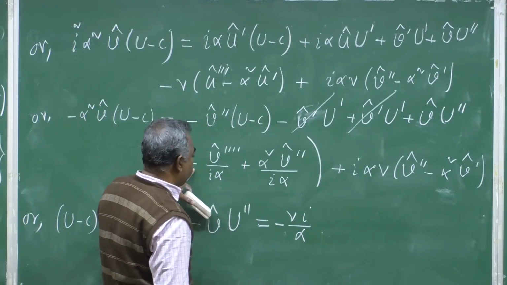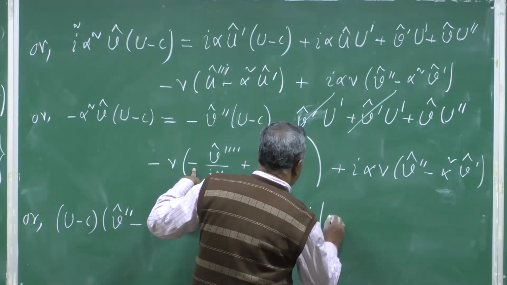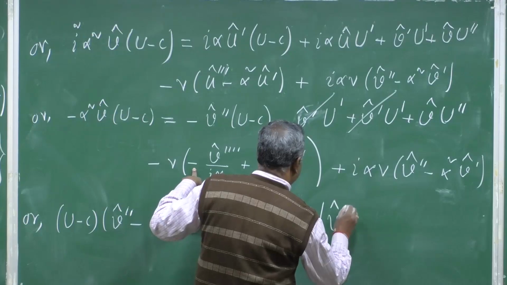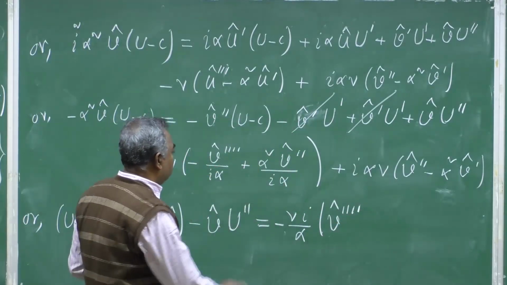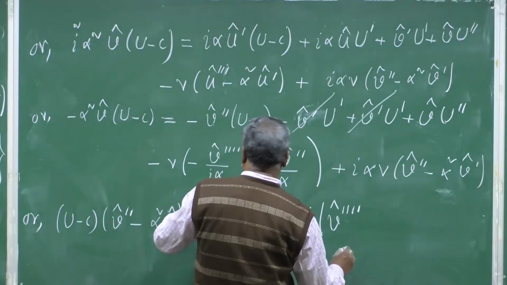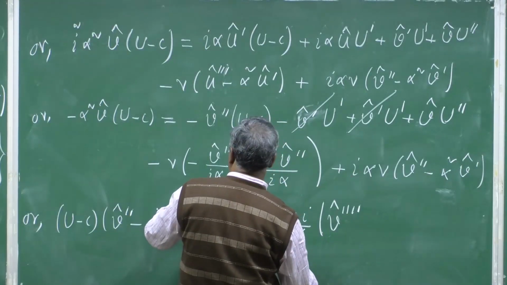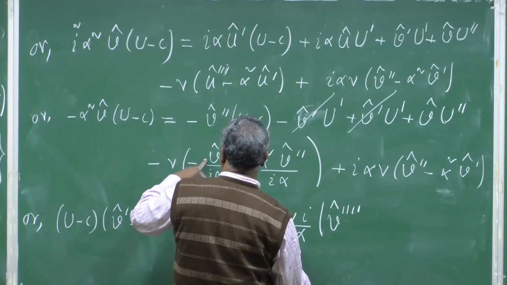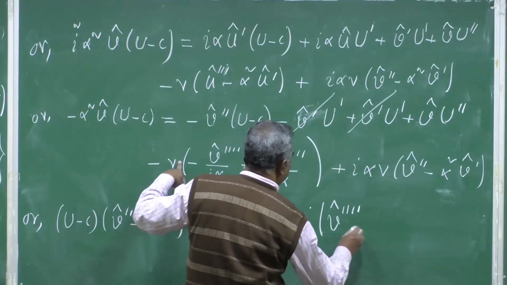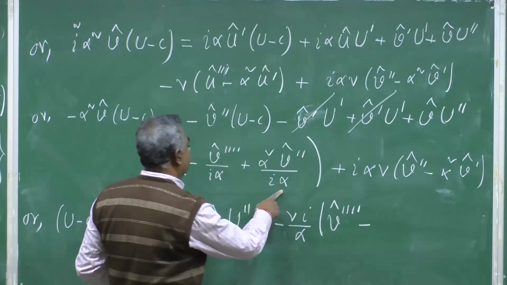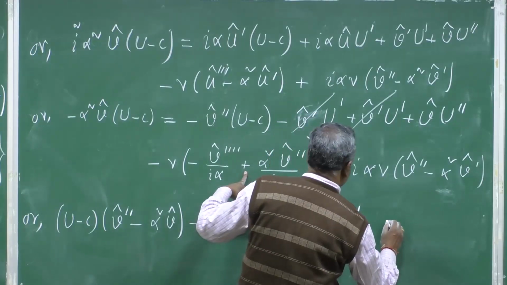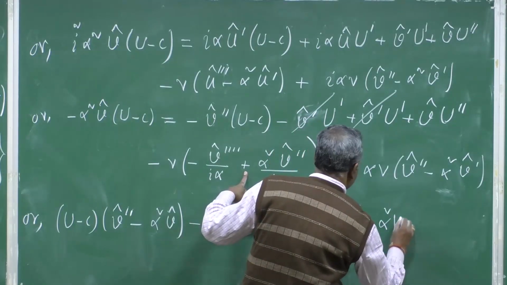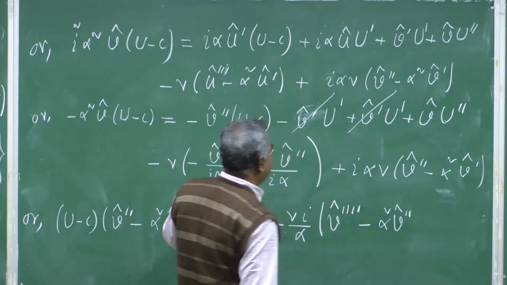That means here v double prime, sorry, v quadruple prime. This α has come out, this one i is there, that i has also come out, and here α has come out, and this has become minus. So, α squared v hat double prime.